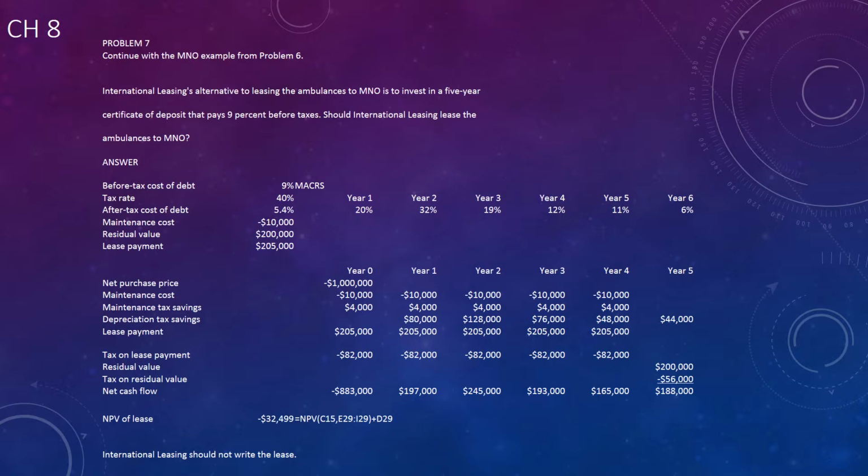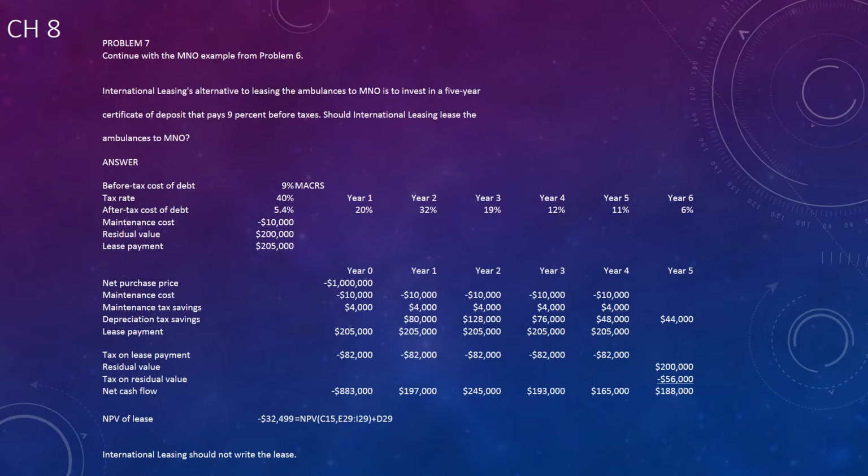So we calculate the net present value. The net present value is actually negative $32,000. So the value of their money is actually negative $32,000 on the lease, where they could actually earn 5.4% after taxes on the CD. 5.4% on $1 million versus a negative cash flow.